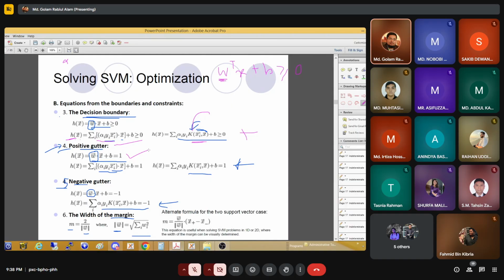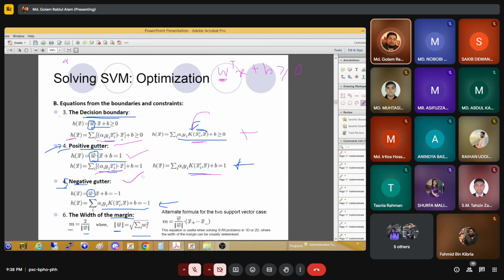This is the hyperplane passing through our positive data points. Again, the W can be changed this way: alpha i, yi, and xi. Similarly, we can write it using the kernel function.